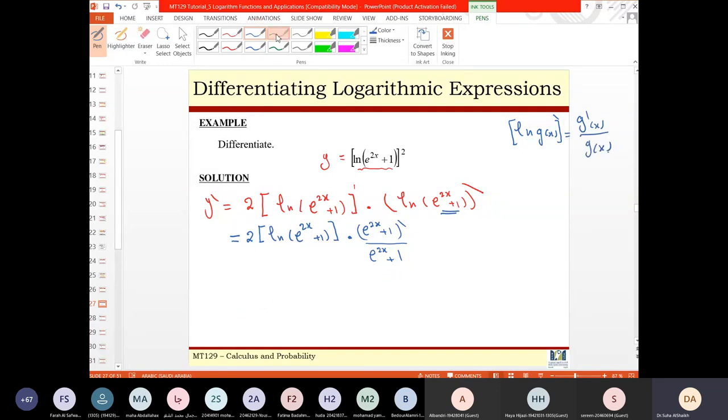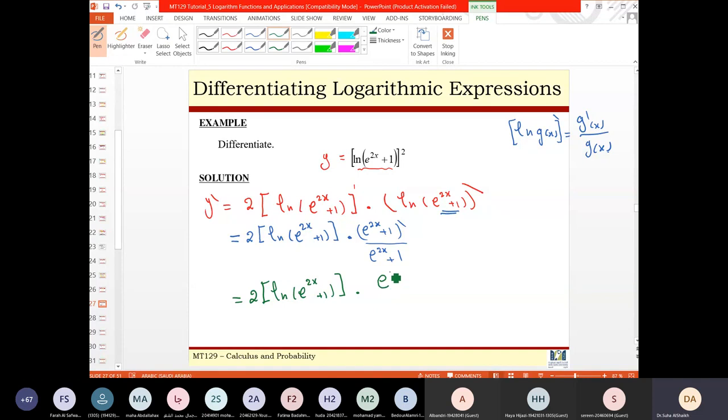So the next step, nothing changed, we just write it. Exponential of 2x plus 1, close the bracket. Now what's the derivative of this exponential? This is the exponential of 2x.